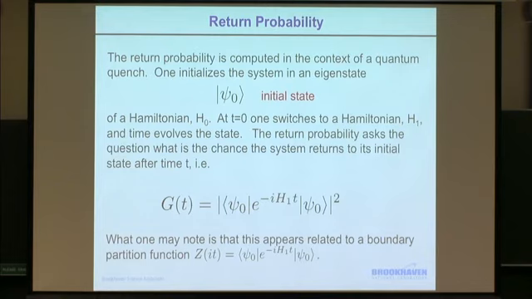Then you do a quench at t equals 0. You change the Hamiltonian and evolve the state according to this new Hamiltonian, and you ask what the probability is, after some time t, of it returning to its initial state. You can note, as people already have, that this quantity has the appearance of a boundary partition function.